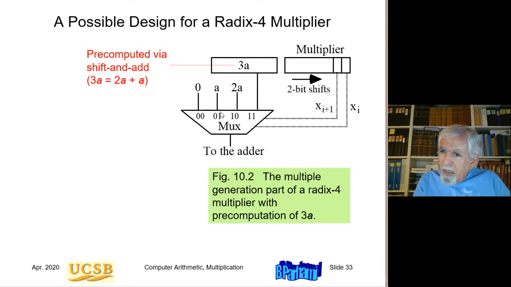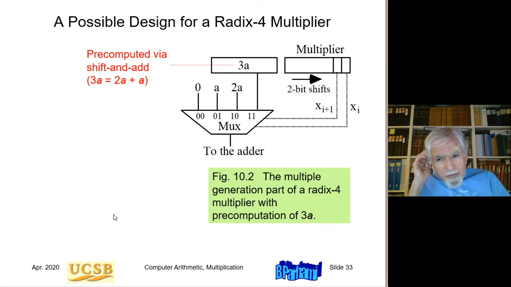If you have 0, 1, then a will be forwarded to the adder. If you have 1, 0, which represents 2, then 2 times a, basically shifted a, will be forwarded. And if we have 1, 1, then this value 3a goes there.